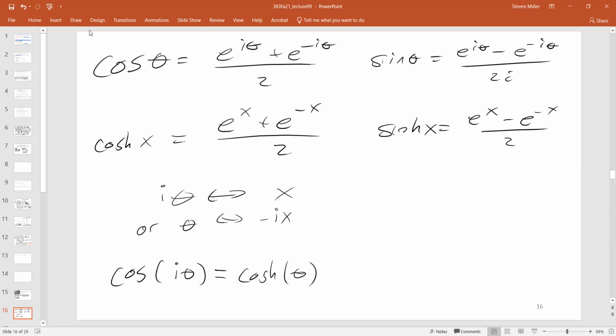No, I mean, you would have a similar thing relating sine and hyperbolic sine. If you take x to be i theta, the hyperbolic sine of i theta is just the sine of theta.